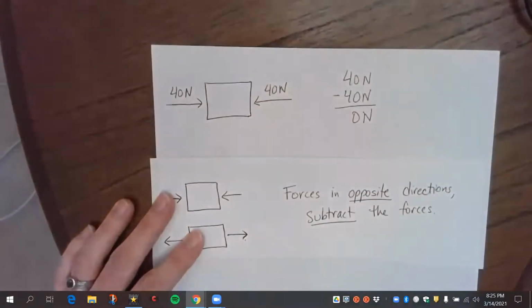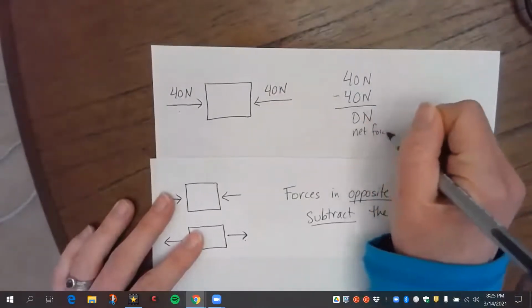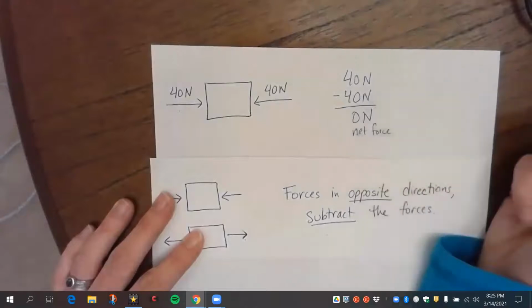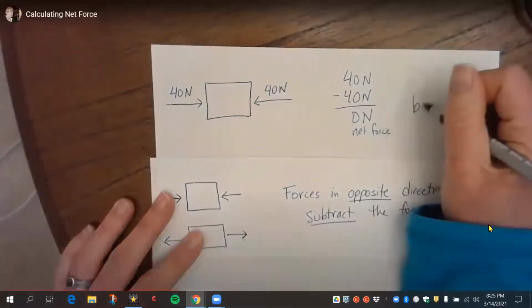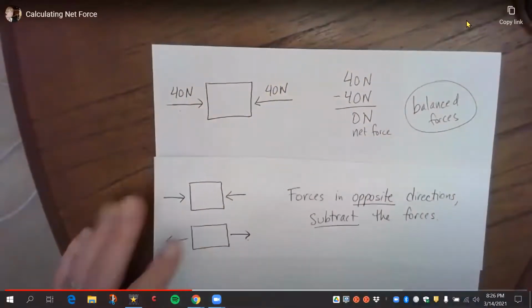So the net force is 0, which means that there's going to be no movement. And going back to our vocabulary, these are balanced forces. Okay, there's no net movement, no net force.